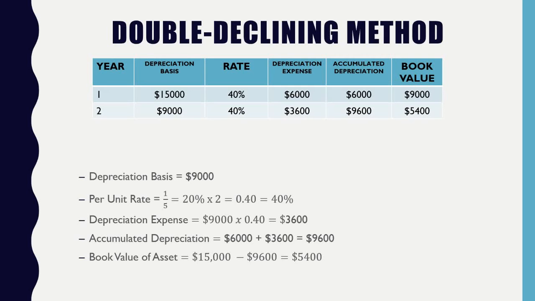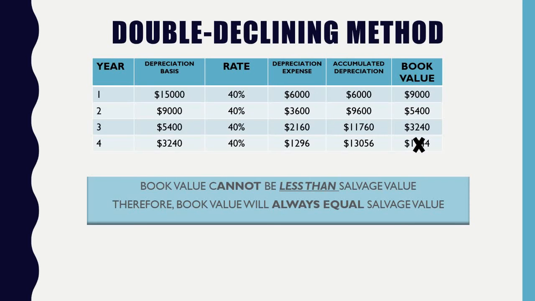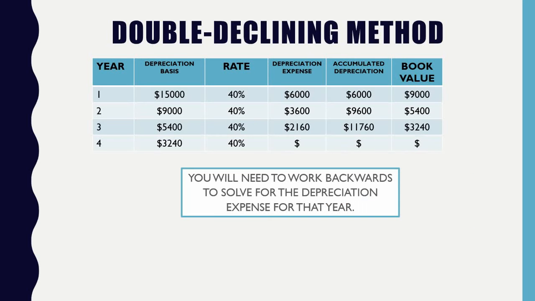Is a method the rate also remains constant? That is correct. And that's the next thing I'm going to show you here. Okay? Book value cannot be below salvage value. So as you keep going through it, you're going to notice, wait, it's not even at the end of its life yet. But what you're going to notice is that your book value should always be equal to salvage value, right?